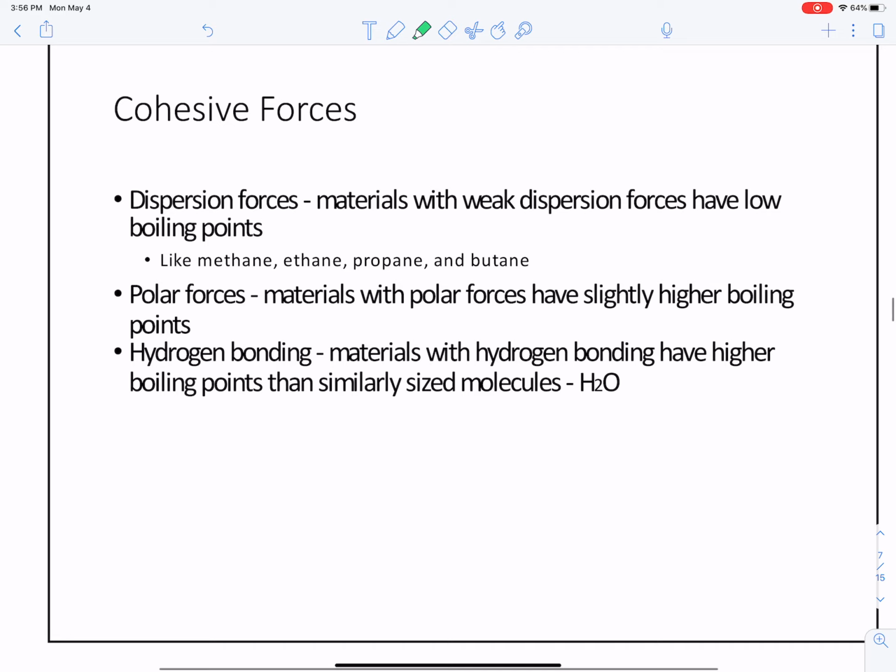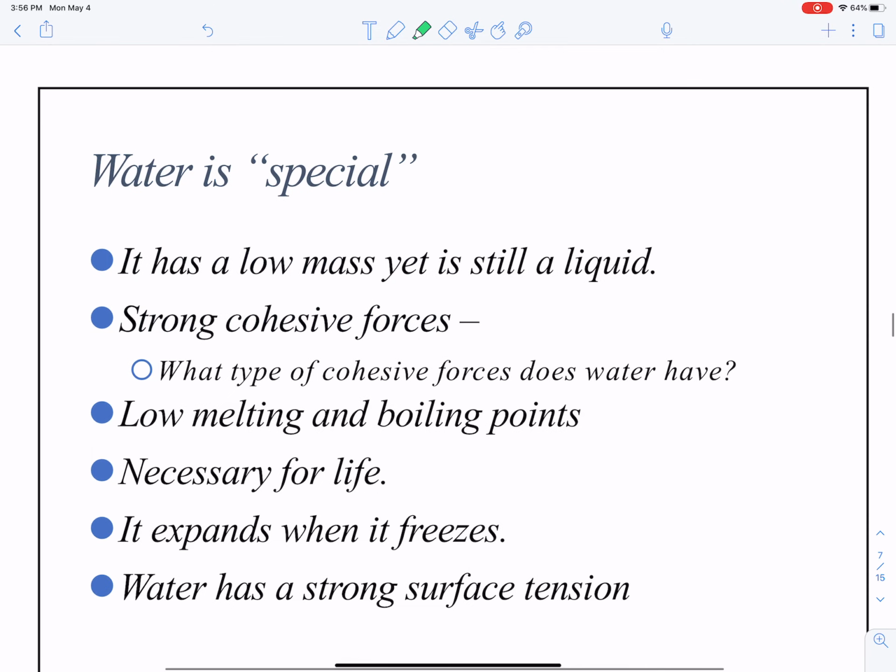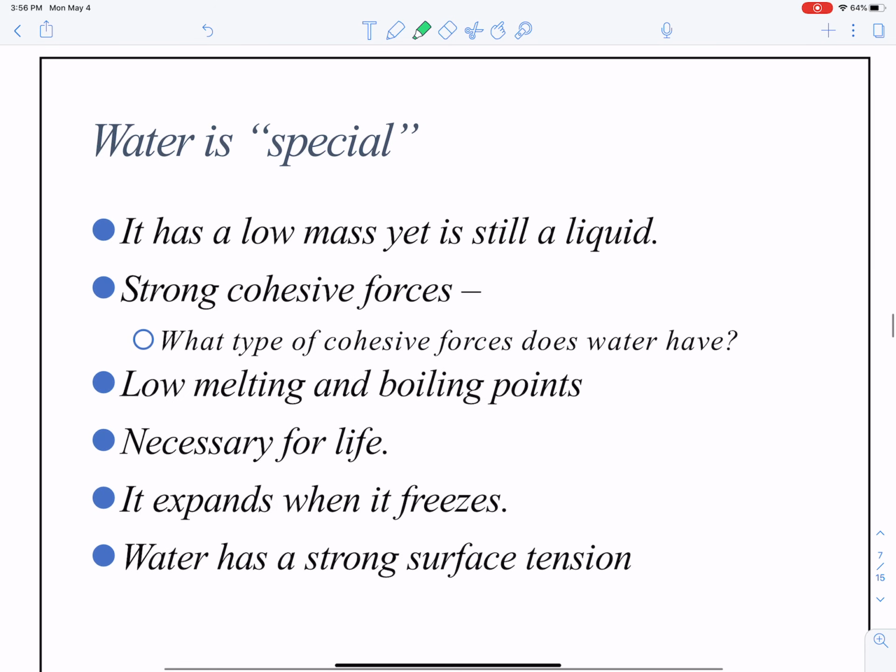So, we talk a little bit about that, giving you some interesting examples. All things have dispersion forces. Now, water is quite unique because it has a molar mass. Its molar mass is 18 grams per mole, right? But it's still a liquid.